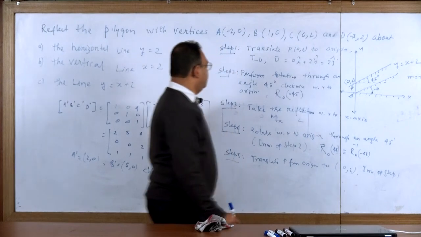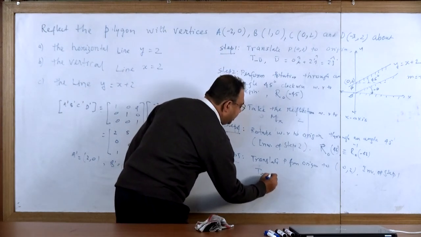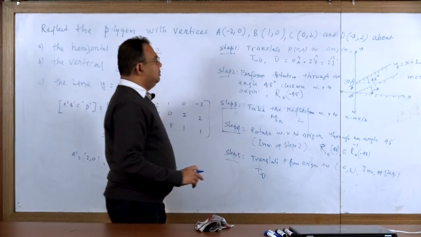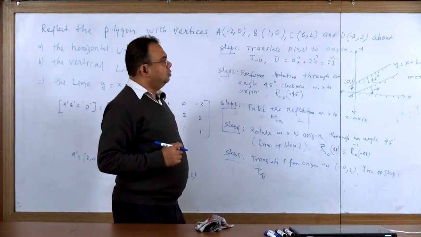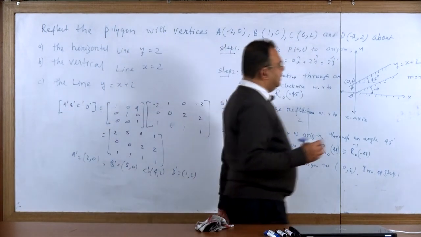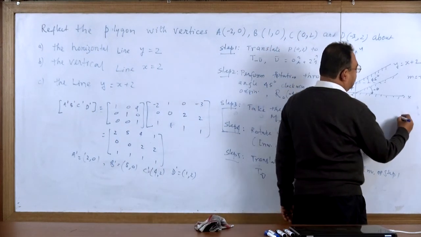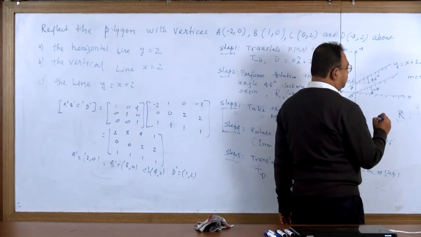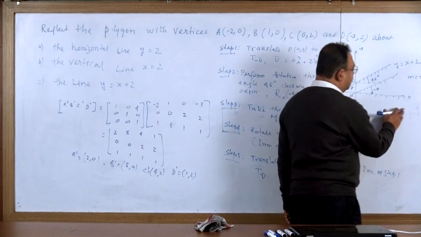We call this operator T V. So again, T V is nothing but the inverse of T minus V. So all these operators are known. So the final reflection operator, let us understand the reflection operator.